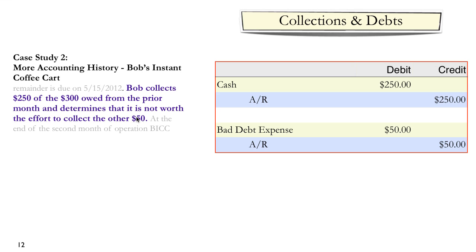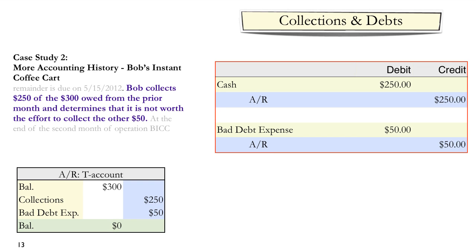We journalize these transactions, first of all, by the collection of cash, debit to cash $250, credit to accounts receivable, and then we write off the uncollectible account by debiting bad debt expense and then reducing accounts receivable by the amount of the account that's not going to be collected. This is sometimes called the direct write-off method and is not really the method preferred by GAAP.